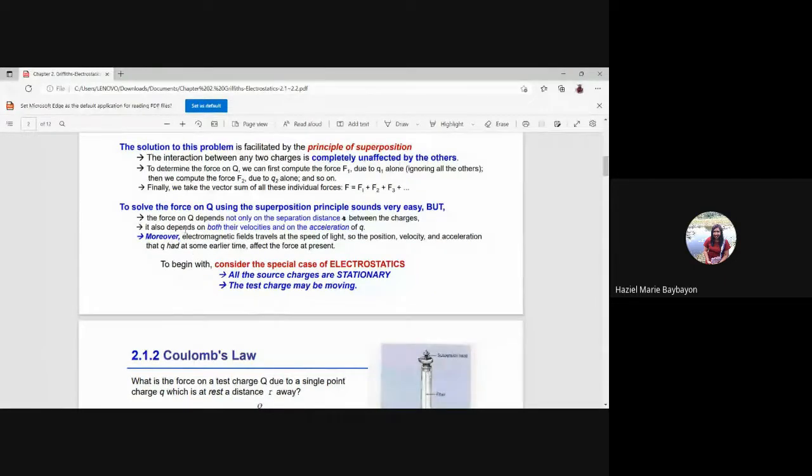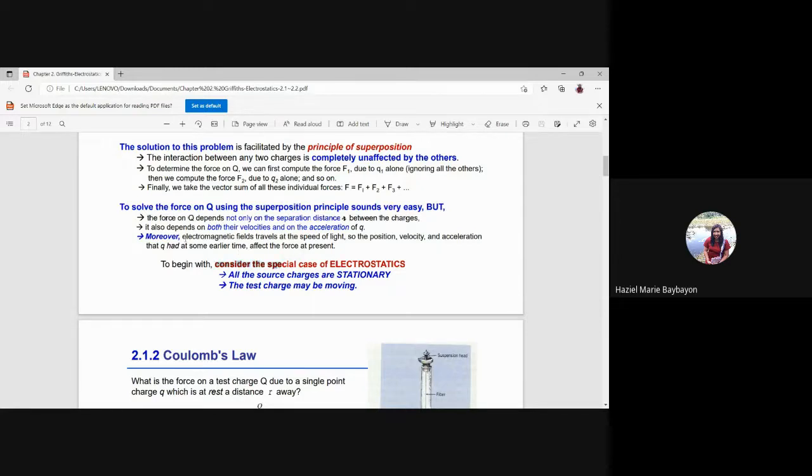It also depends on both their velocities and on the acceleration of Q. Moreover, electromagnetic fields travel at the speed of light, so the position, velocity, and acceleration that Q had at some earlier time affect the force at present.